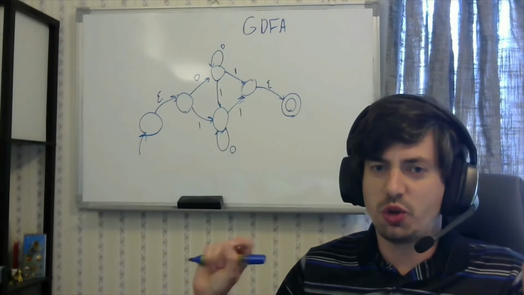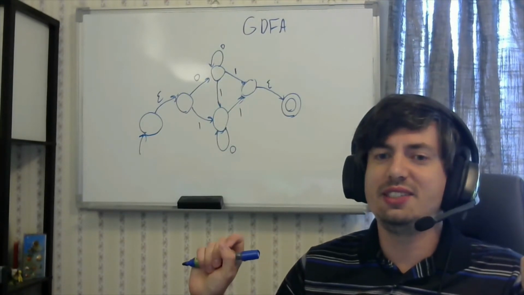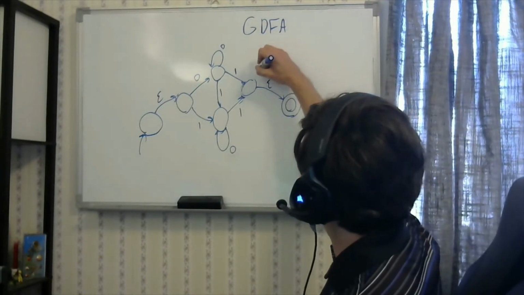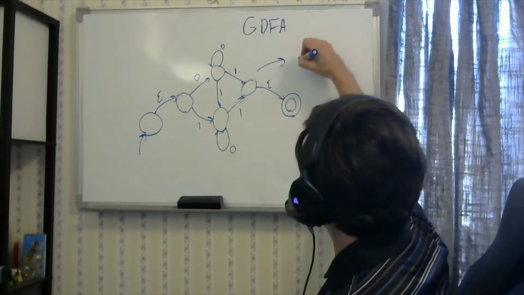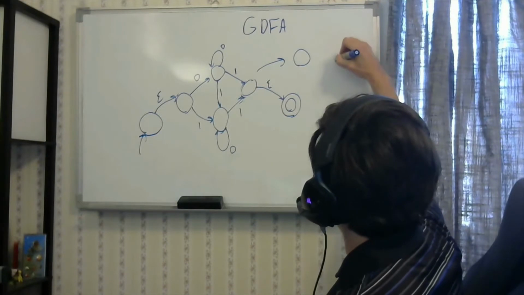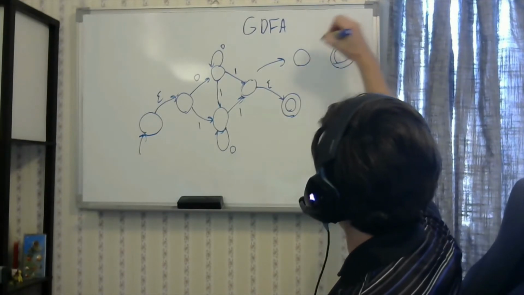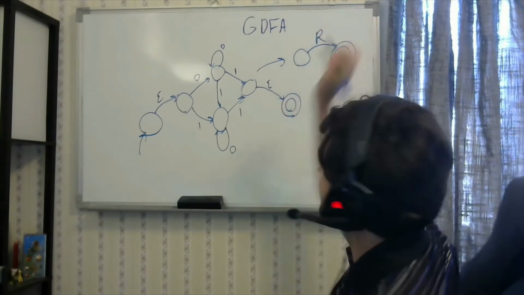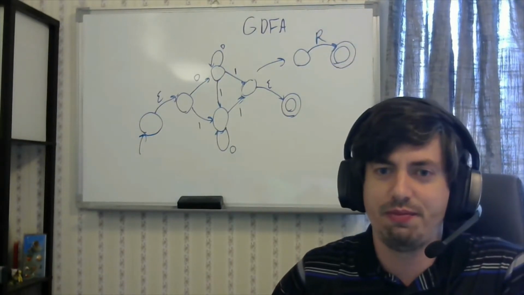Now what we are going to try to do is to shrink this generalized deterministic finite automata to the point where we've got one start state, one accept state, and one edge with some regular expression on it.